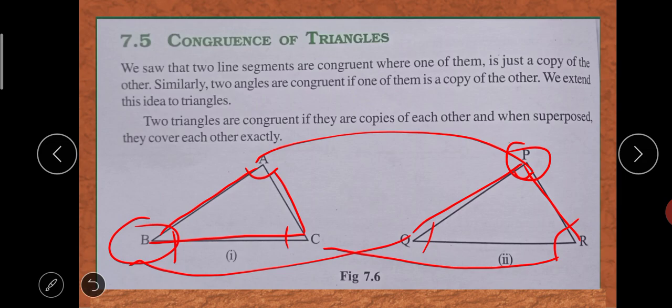Then we find that it does not happen, because their angles are different. So to trace the copy of the triangle, we have to find which sides are matching. This shows that triangle ABC is congruent to triangle PQR. Understood? In this way we are going to see whether triangles are congruent or not.